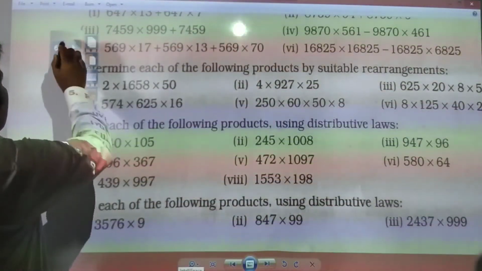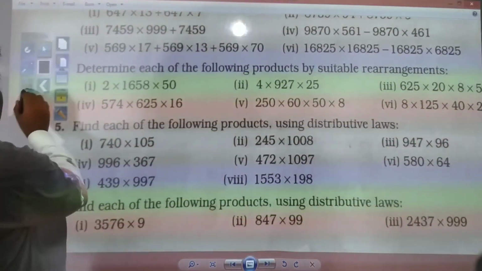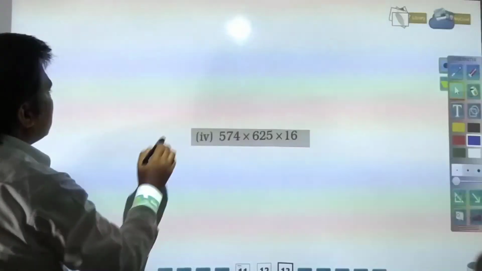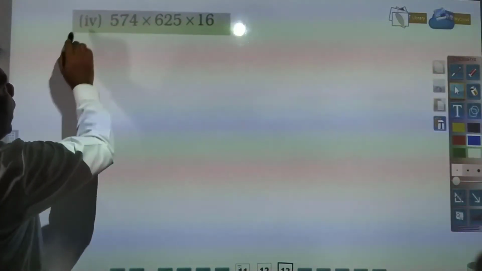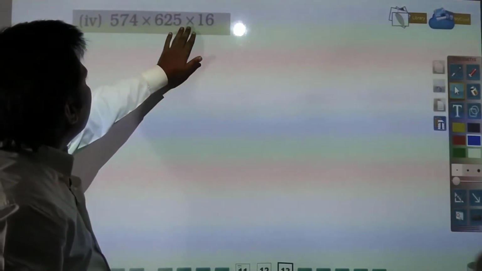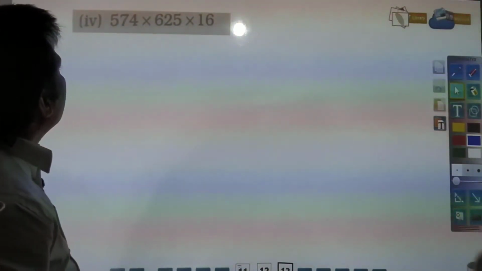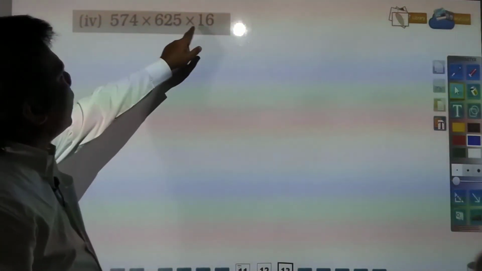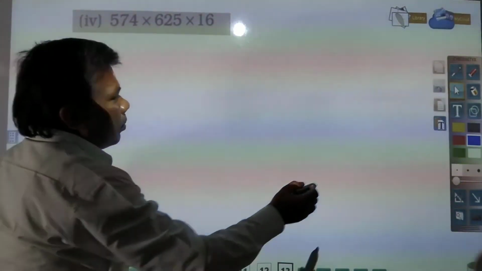Next you see, you have the next question: 574 into 625 into 16. So this is required to be multiplied together.